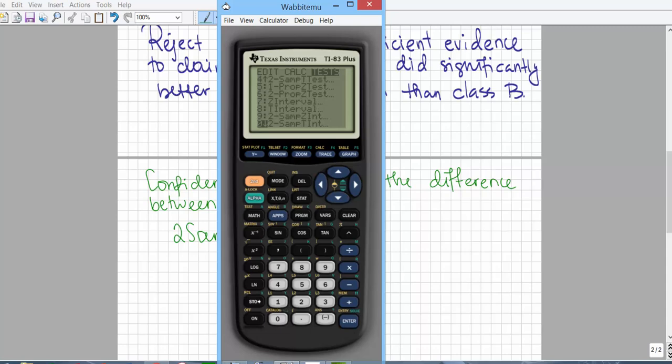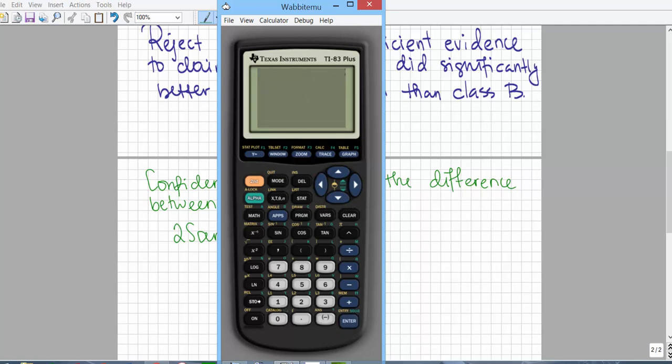Once you run the test, the data is already in it, so we're going to do L1, L2, and for frequency you can just skip that, you say 1 and 1. And then confidence level. Well, if I used 0.05 as my alpha level, then it makes sense to use 95 here, right?